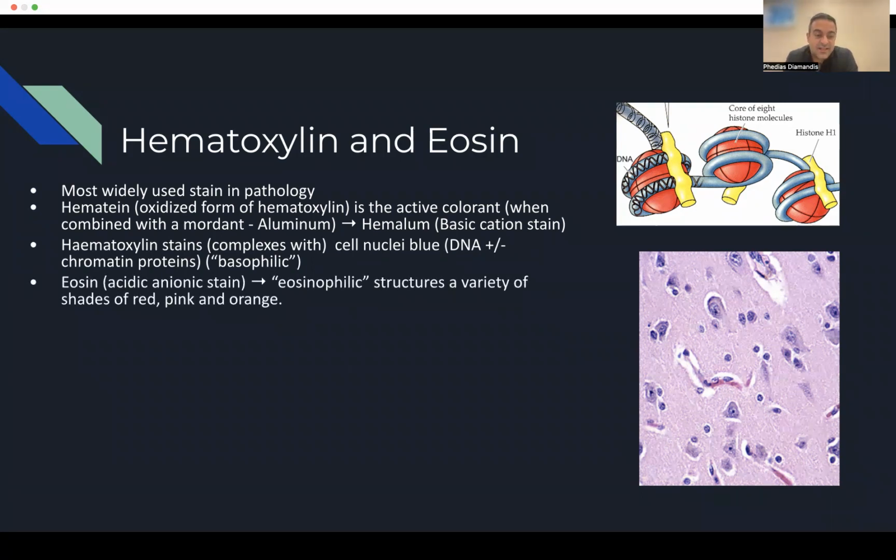Eosin is an acidic dye, and so it stains different types of components of the cell, usually proteins of the amino acids, and it'll stain them red, pink, and orange, depending on the type of collagenous tissue, the type of proteins, the amount that's present.